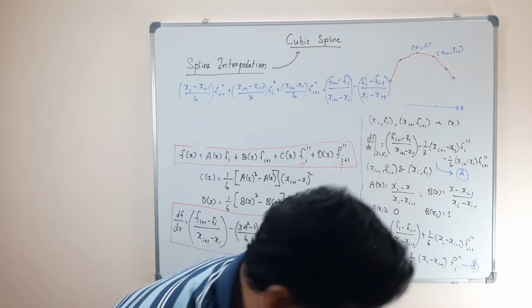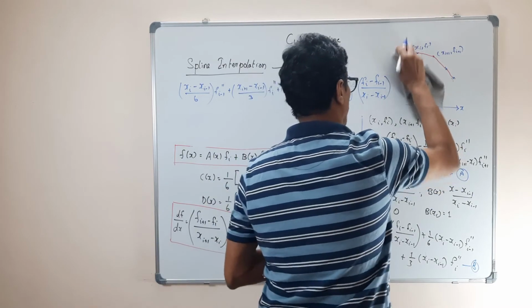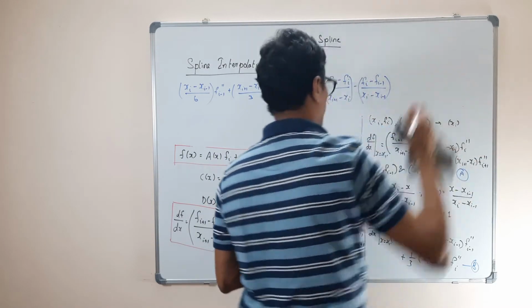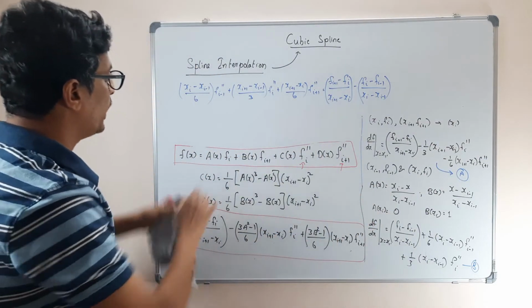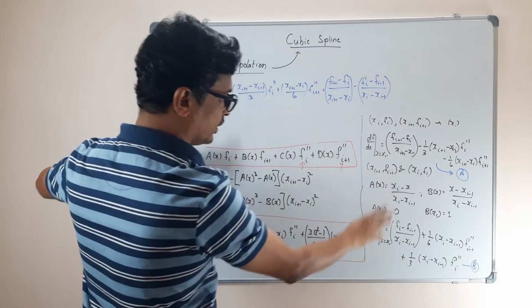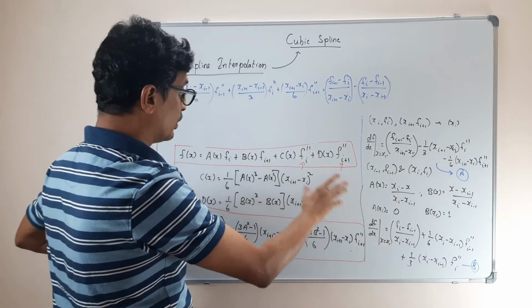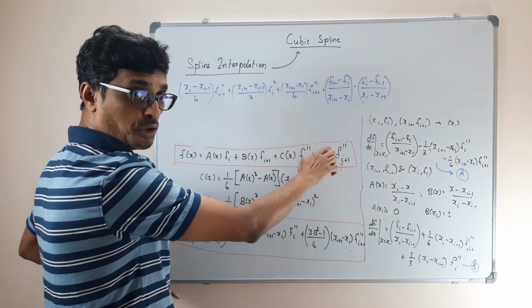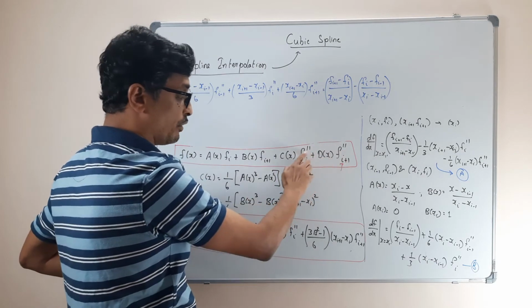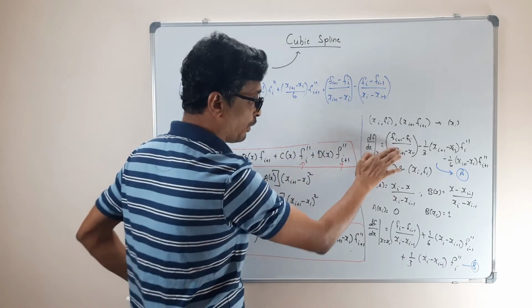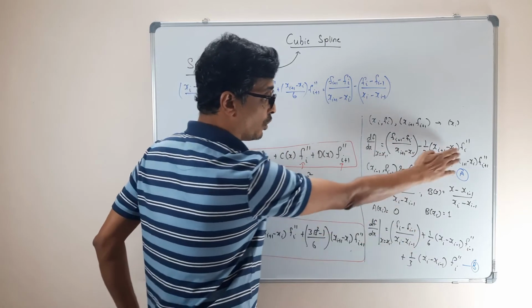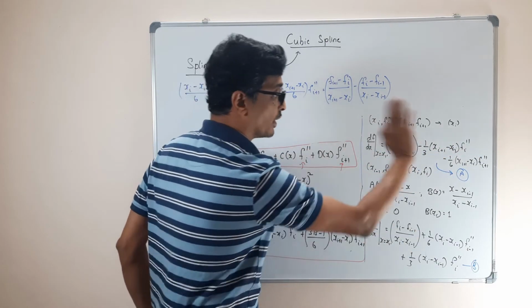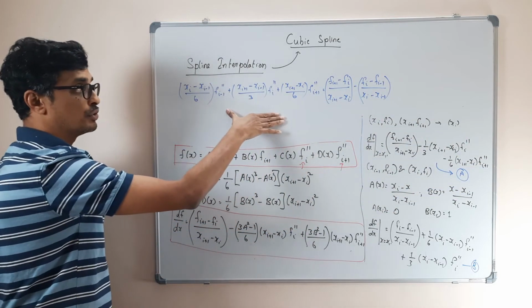So what we have done is we have equated these two. The unknowns we had are the double primes, which we had to find. We equated these two and took all the second derivatives, the unknowns, on the left hand side and the known quantities on the right hand side, and that's what gives rise to this equation.